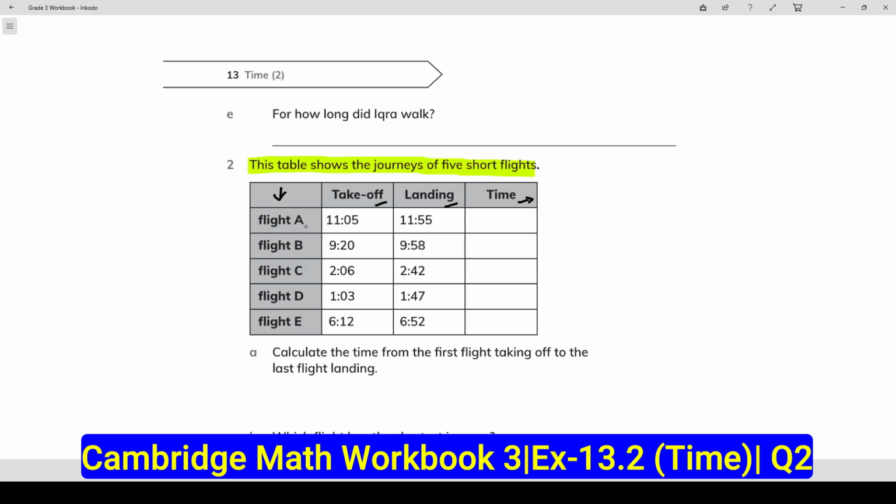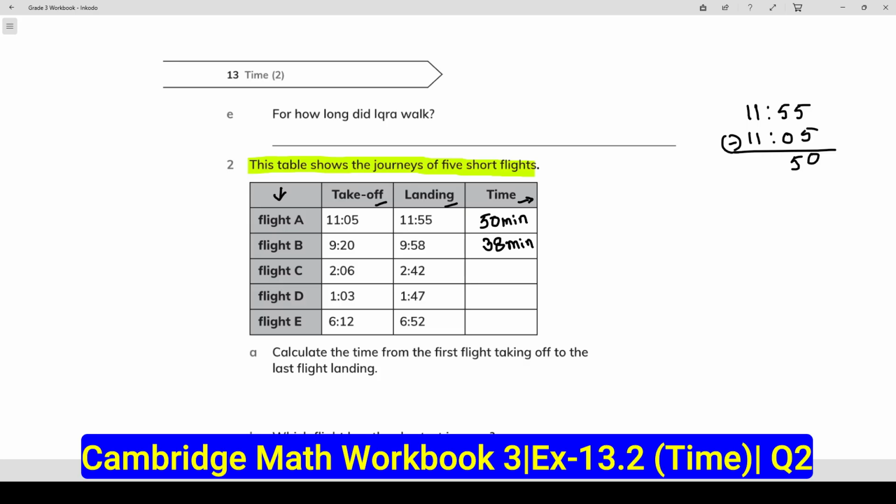Flight A 11:05 to 11:55, it means 11:55 minus 11:05. So simple subtraction, 5 minus 5 it will be 0 and 5 minus 0 it will be 5. So here we can say 50 minutes.